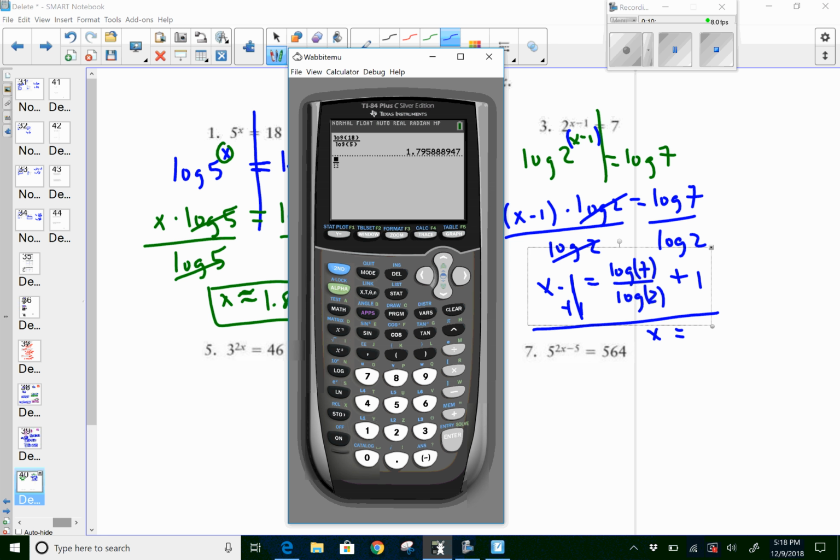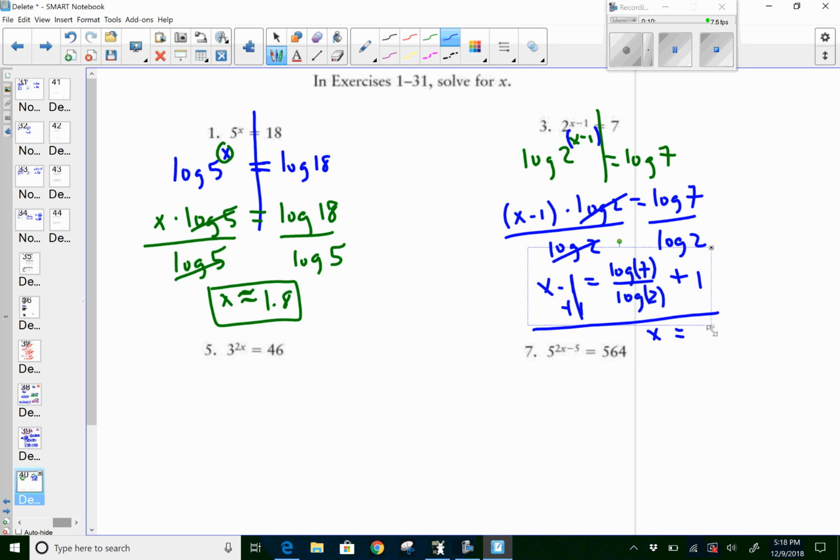It'll save you problems figuring out when to close a parentheses and everything else. So I have log of 7, close parentheses, and on the bottom I'm going to put log of 2, close parentheses, and then I'm going to add 1 to the whole thing. So I go to the right and put plus 1, and then hit enter, and that's my answer. So it's about 3.8.